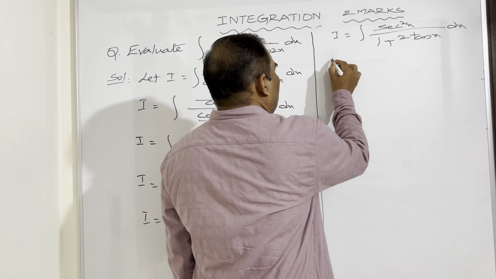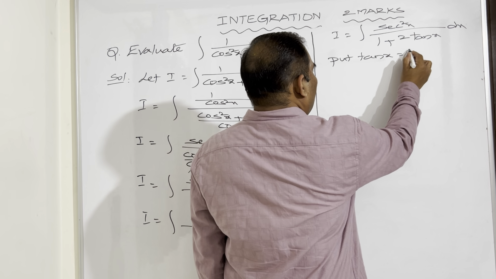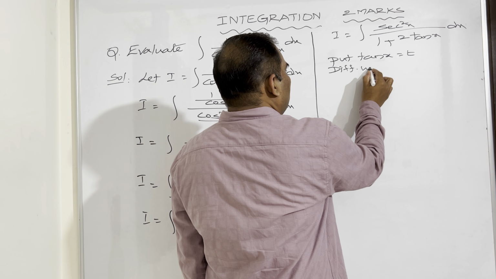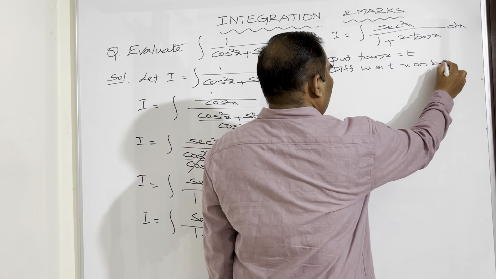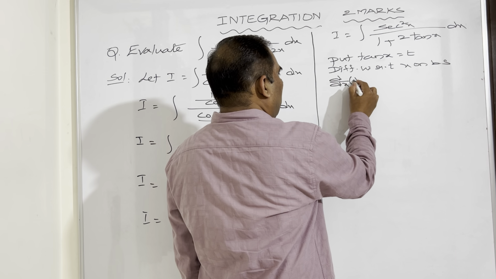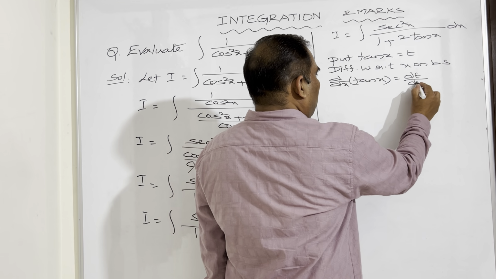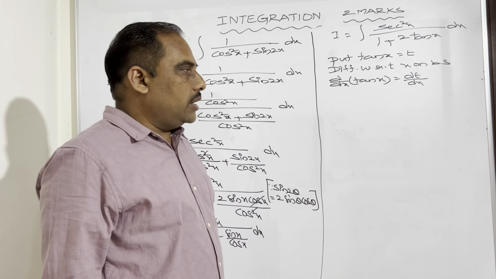So now take tan x is equal to t. Differentiating with respect to x on both sides, we get d by dx of tan x is equal to dt by dx.